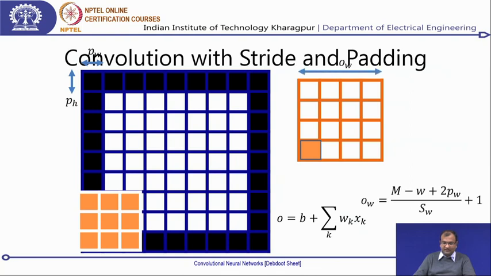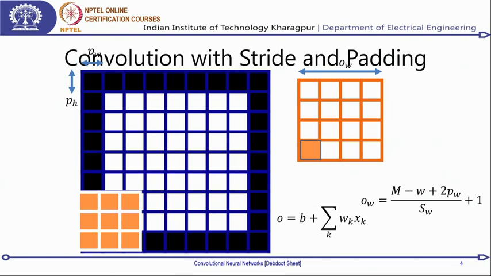Then your output has a width of OW, which is equal to (m minus w plus 2 pw) divided by sw, where sw is the stride along the width, w is the width of the convolution kernel, pw is the pad applied along the dimension of width. So on each side you will have pw number of zeros padded, so that makes it 2 pw, and m is the original size of the image before padding.